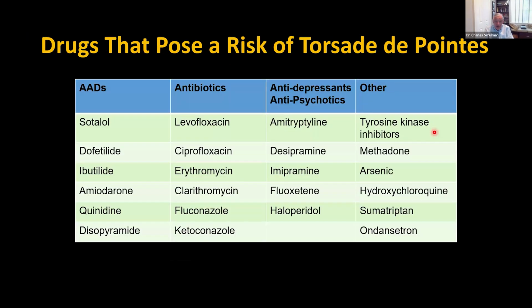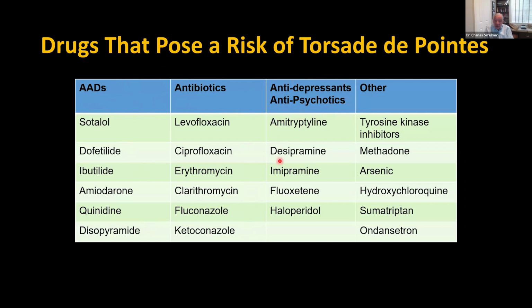And this is a very partial list of drugs that pose a risk of torsade de pointes, including antiarrhythmic drugs, antibiotics. I should put in azithromycin here because it belongs.